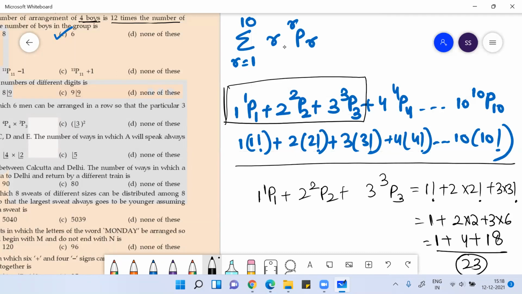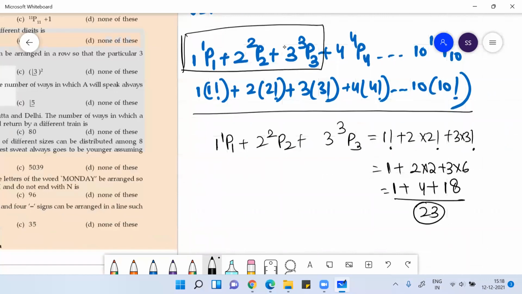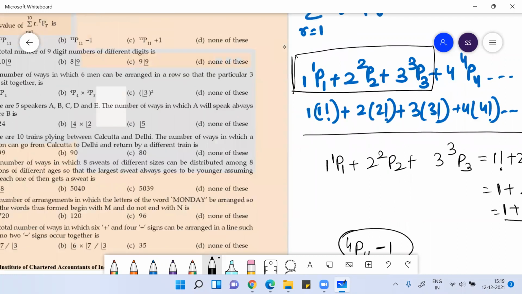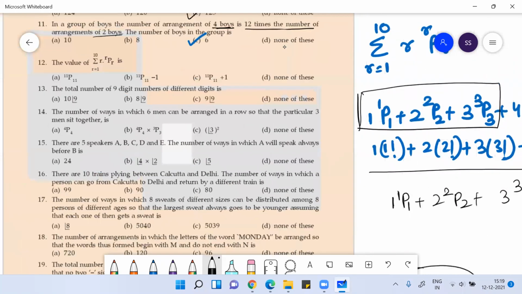What is 23? 23 is 4 factorial minus 1, that is 4P4 minus 1. So let me see the options I have and decide based on that. If I took till 3, I'm getting 4P4 minus 1.